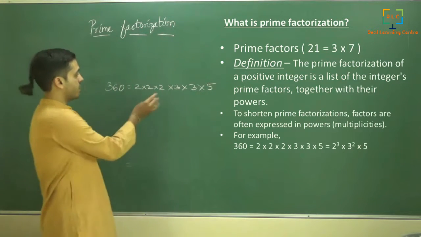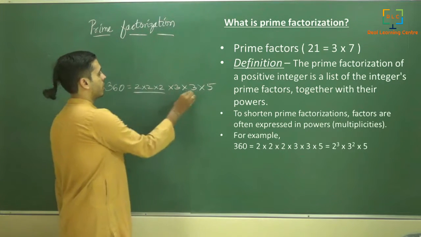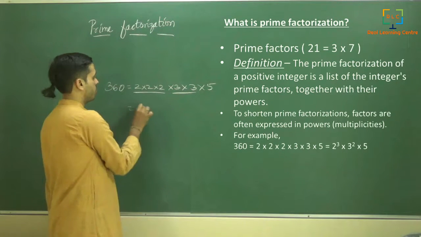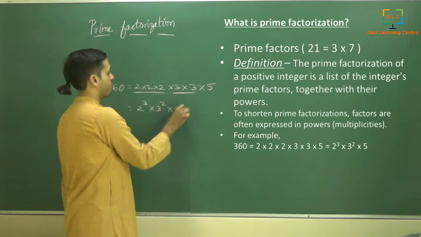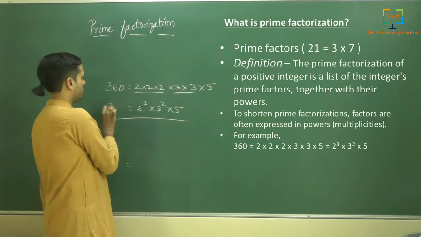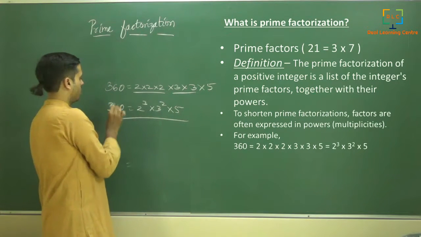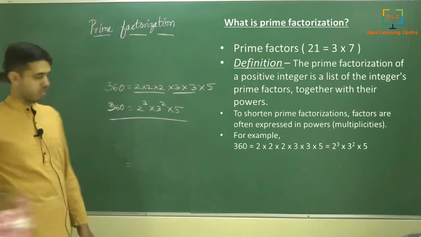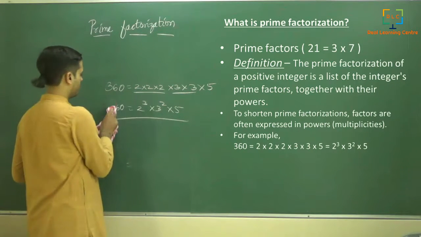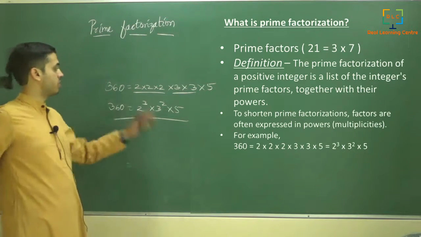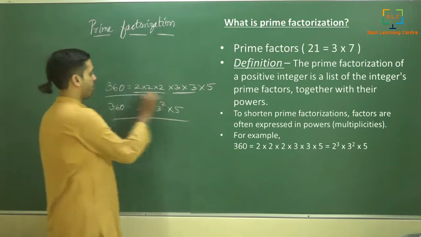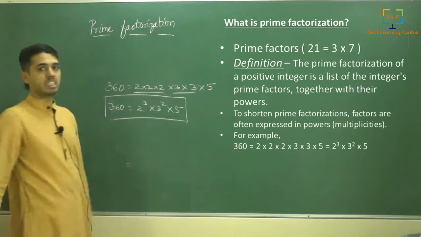Raising them to powers, there are three 2's and two 3's, so it becomes 2 cube into 3 square into 5. So 360 written as 2 cube into 3 square into 5 is the prime factorization of number 360.